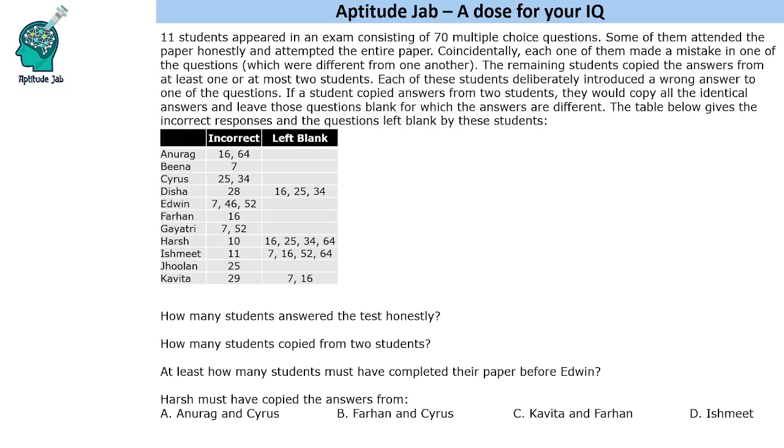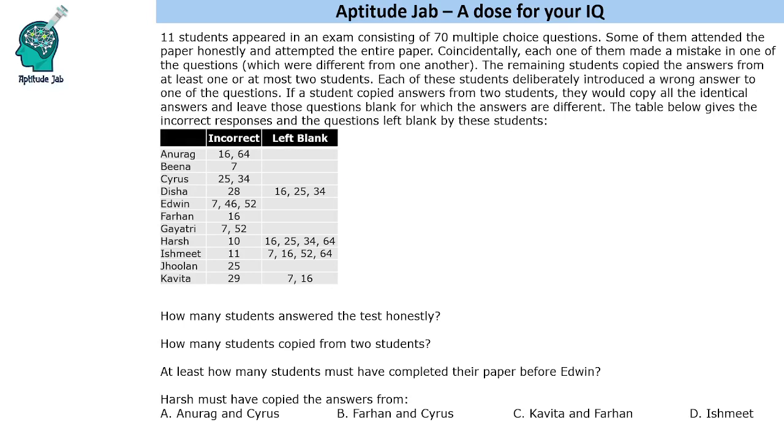In this, the first thing that we can easily figure out is the honest students, those who answered correctly on their own and made a mistake. And then we will make a diagram of who copied from which student.